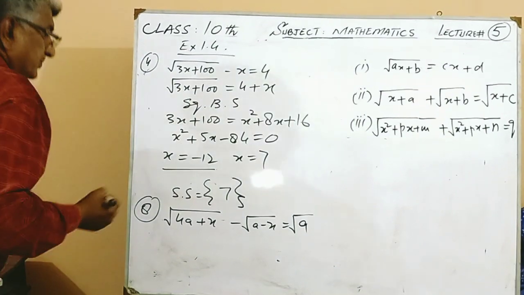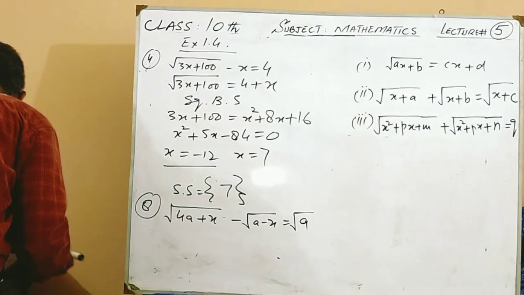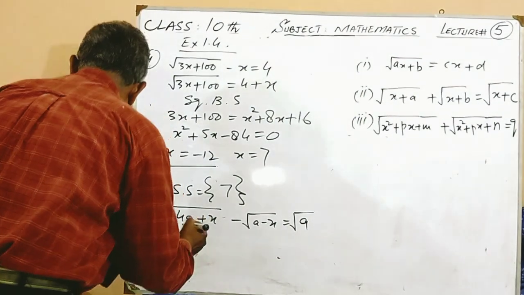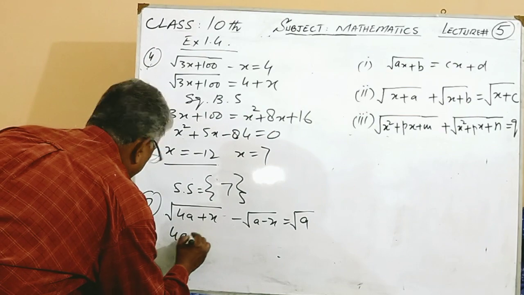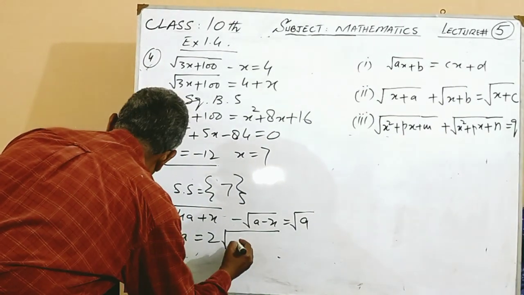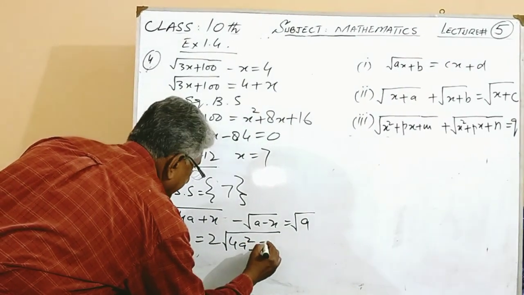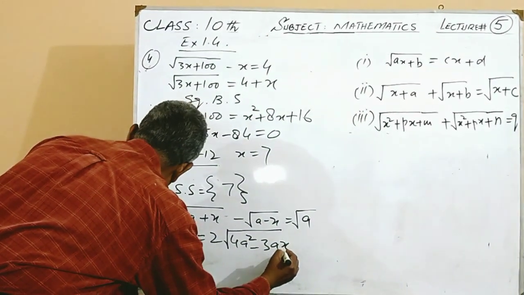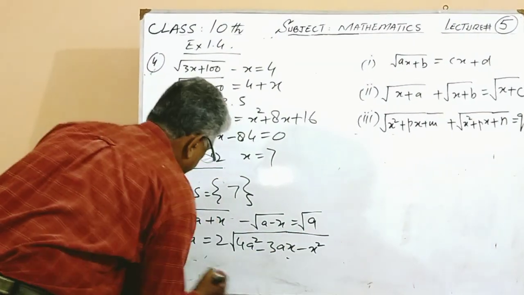Again you have to square both sides, and after squaring both sides you will get a form just like this 4a. This is after simplification, and again in this case you have to square both sides.